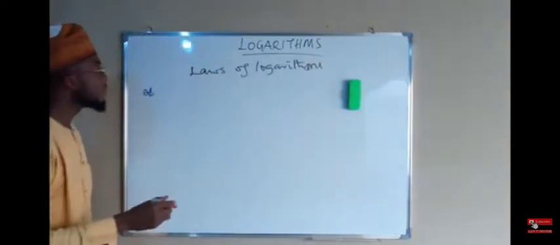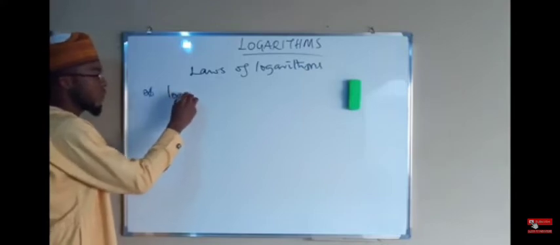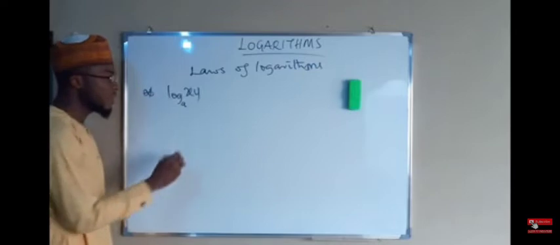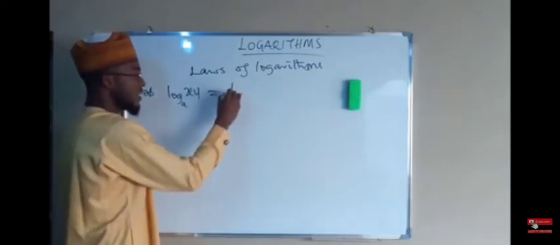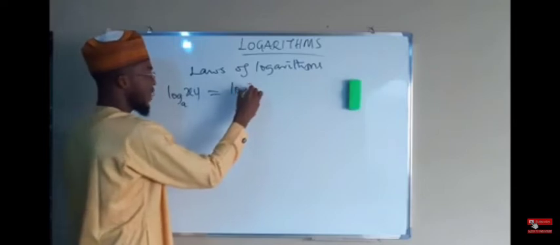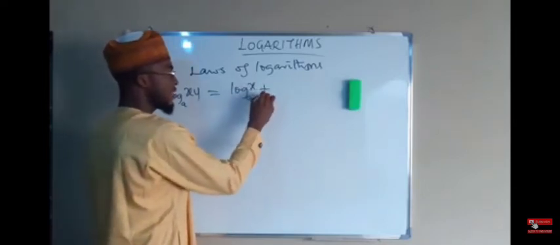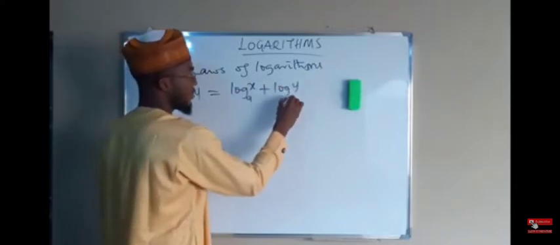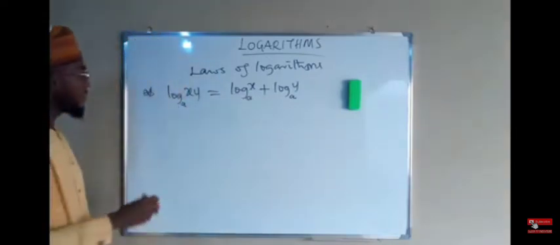First of all, if you have the log of x times y base a, this is the same thing as taking the log of x base a, then adding log of y base a. This is the first law.